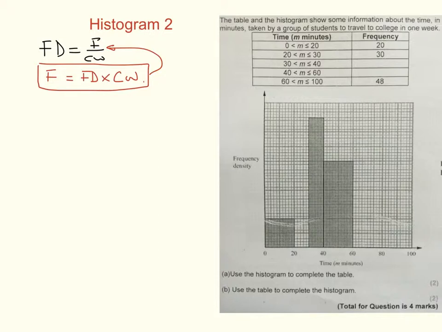Now we remember, as I've just said, frequency density is frequency divided by class width. For this bar that we've got here, the class width will be 20, and the frequency is also 20. So the class width 0 to 20 is 20, and the frequency is 20.